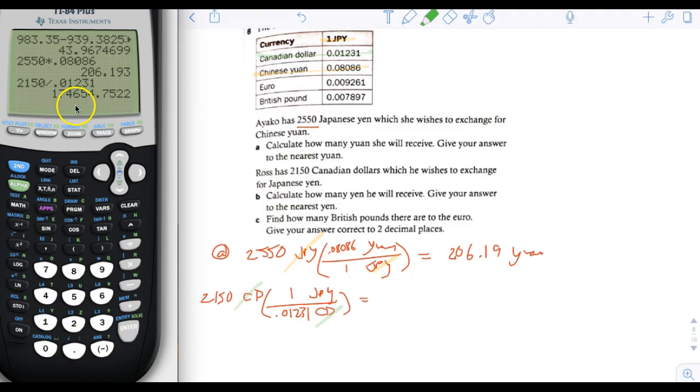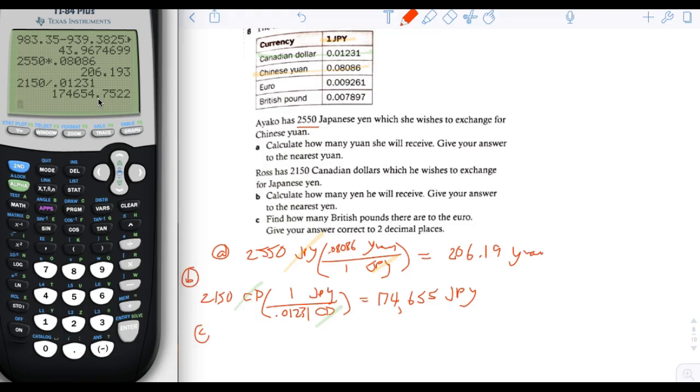So the amount is 174,654.665, and we got to round it, right? And we know the Japanese yen don't have cents because I'm telling you that. So this is Japanese yen. And that was part B.